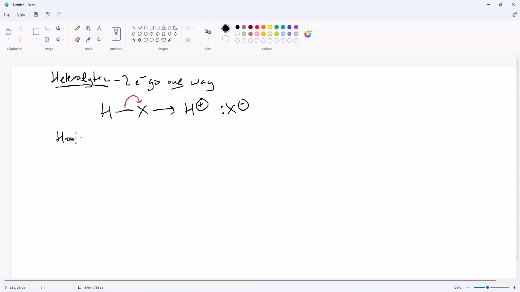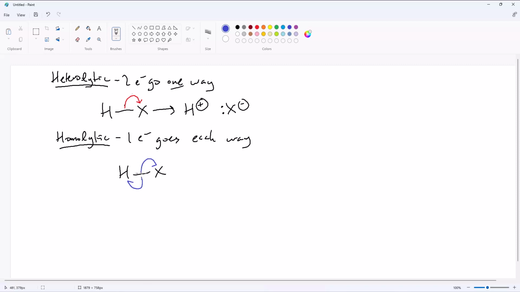Now the opposite of this, and what we see in radical chemistry, is homolytic cleavage of bonds, where 1 electron goes each way. Instead of the one-direction double-headed arrows, we have 2 single-barbed arrows coming from the bond, showing 1 electron flowing in each direction.